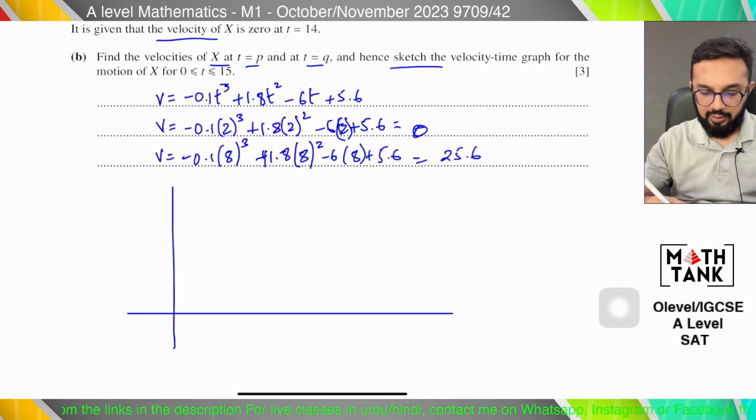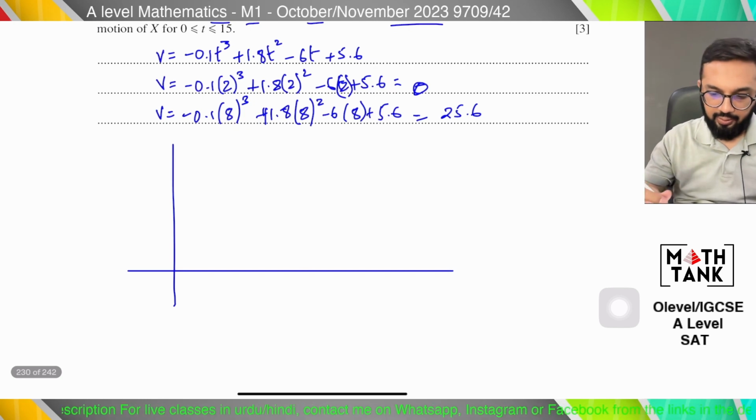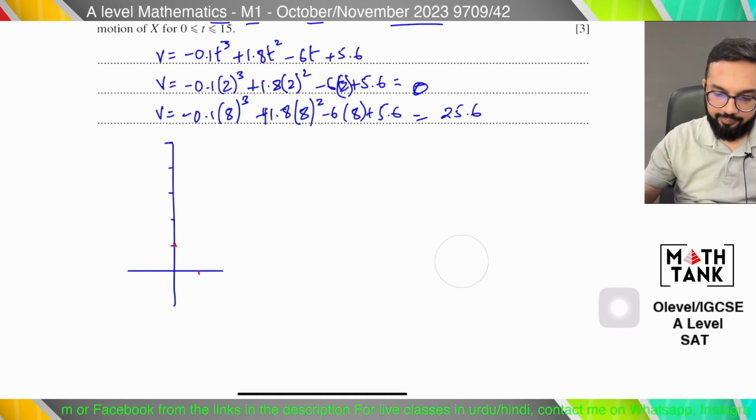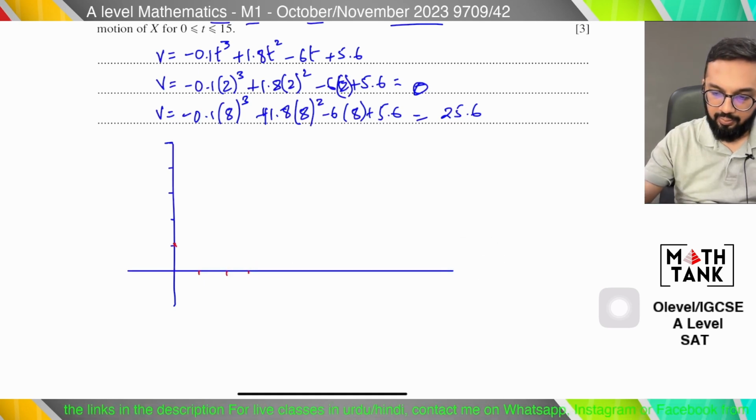So what will the graph look like? Let's draw that. I want to start with 5.6 and go up to 25.6. So I'm going to make 5.6 approximately here. What happens is the graph goes 2, 4, 6, 8, 10, 12, 14, and 16.